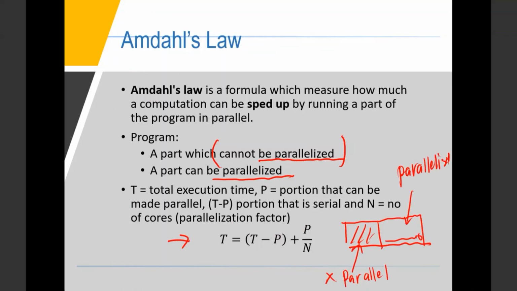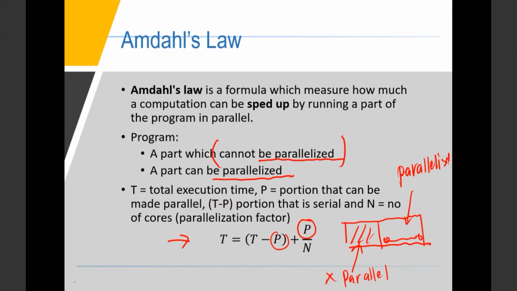This is the portion that can be made parallel, so it is denoted by P. Meanwhile, T minus P is the portion that is serial.